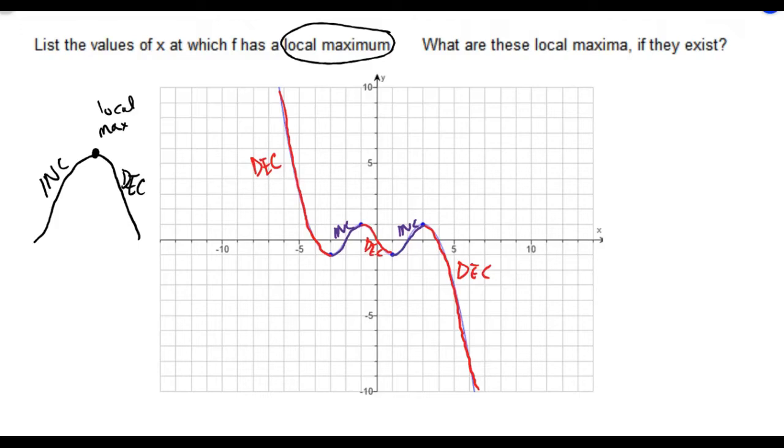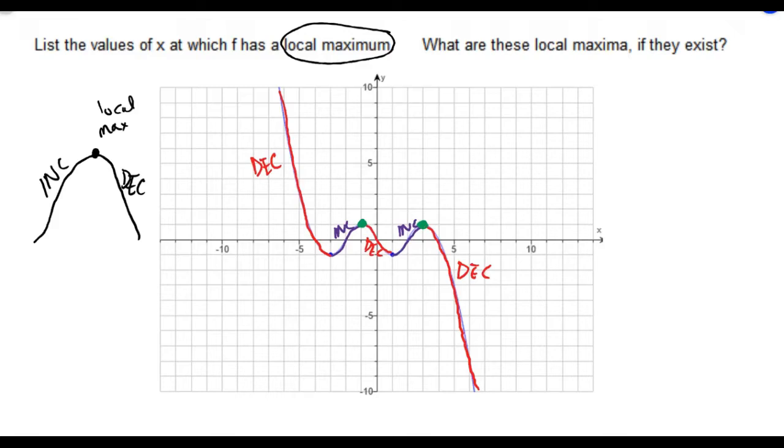And that's happening in a few places along this graph. Right here, we see a change from increasing to decreasing, which creates a local maximum. And here's another point where the graph changes from increasing to decreasing, creating that little peak.